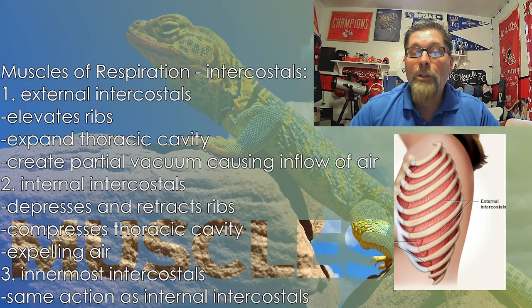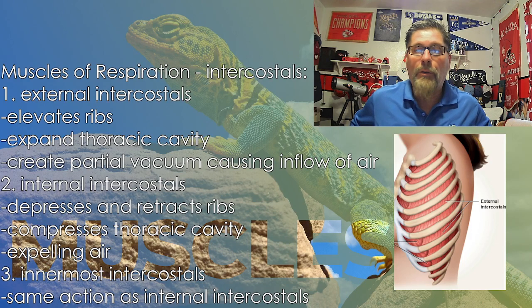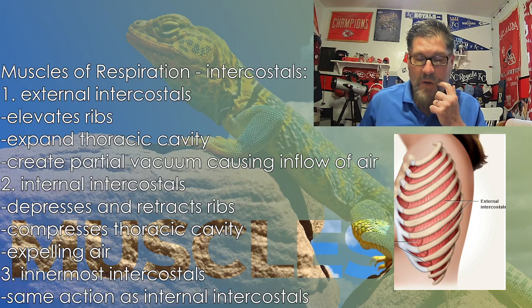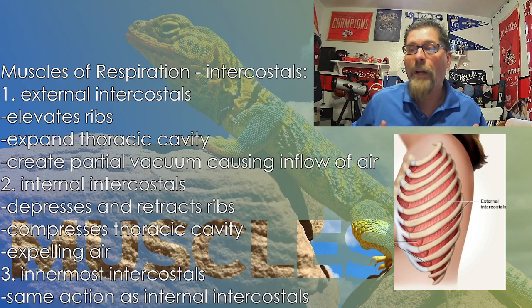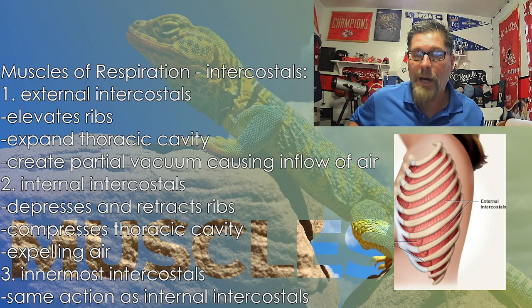But continue with respiration. Okay, these are obviously the ribs. And what's going on there with the intercostals, those are the muscles underneath the rib cage. And you imagine that they would raise up. Now, it's not the muscles you can feel on your side. Those are above, on top of the rib cage.